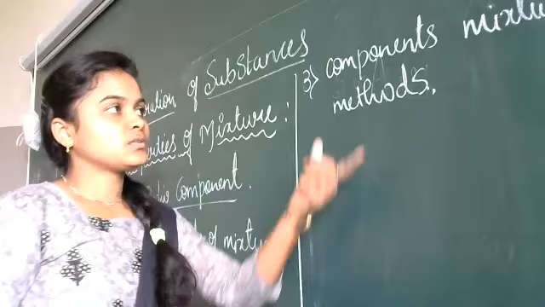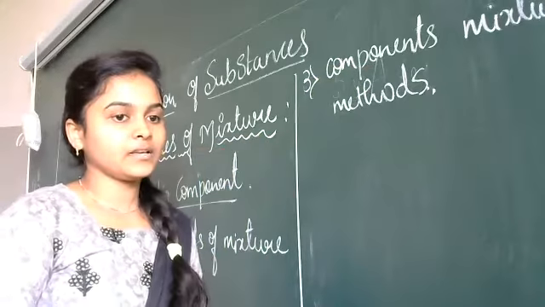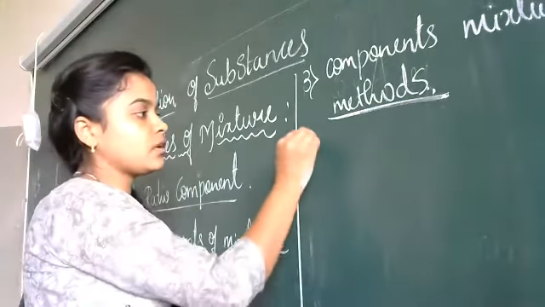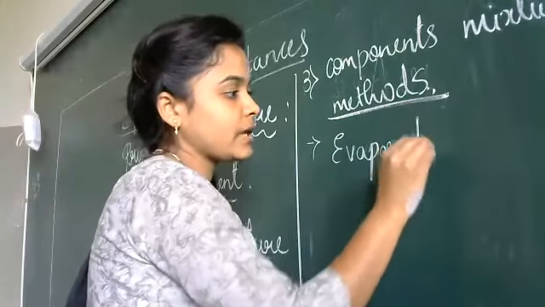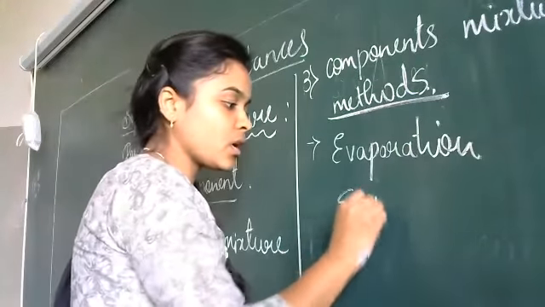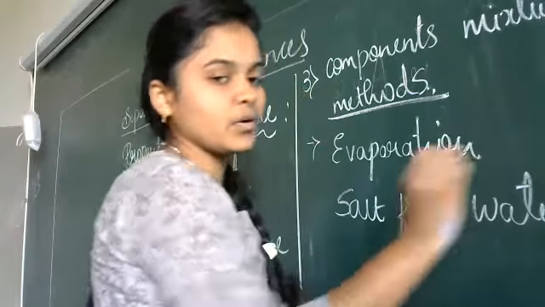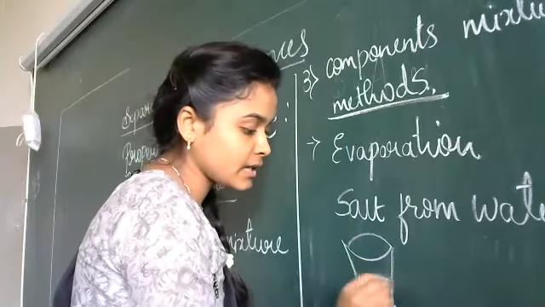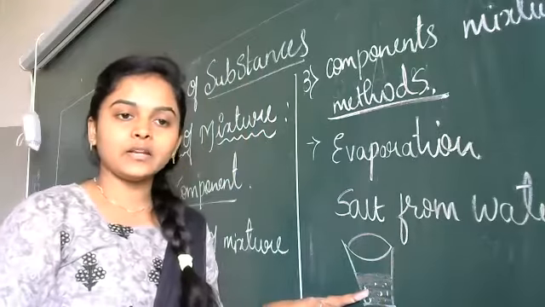Okay, so the components which are present inside this mixture can be separated, and for that separation we have some methods. One of them is evaporation. By evaporation we can separate salt from water. Suppose we have a glass of water and inside that salt is completely mixed with that water.